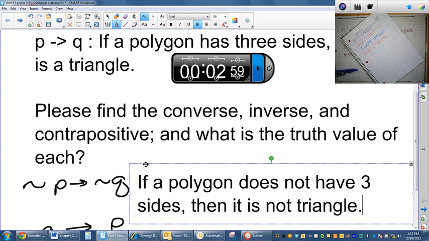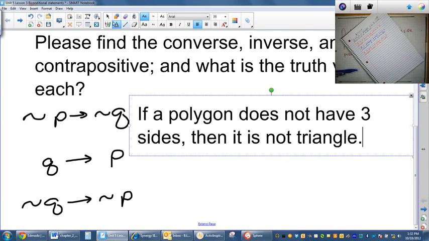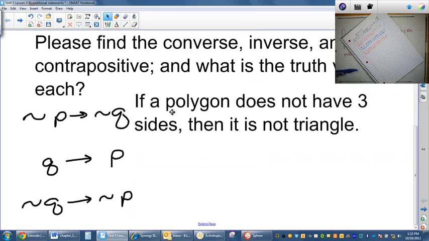So we just negate. The original was a true statement, so we have a false statement. That is the correct inverse.